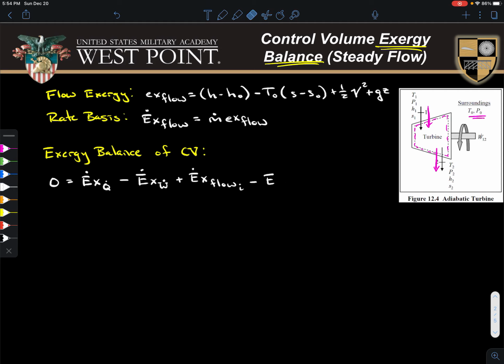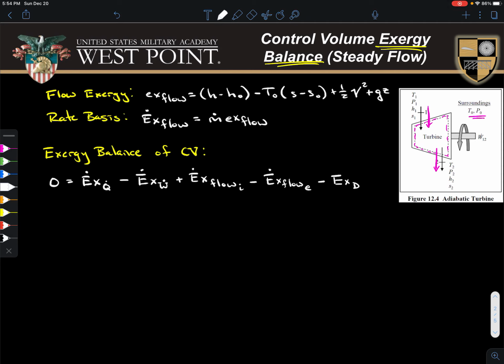at the exit. I drew that X a little different, so I'm going to erase it. To be clear, those subscripts I and E in this context are inlet and exit. If you have multiple inlets and exits, then you would need to account for those. For right now, we're just talking about single inlet, single exit devices.